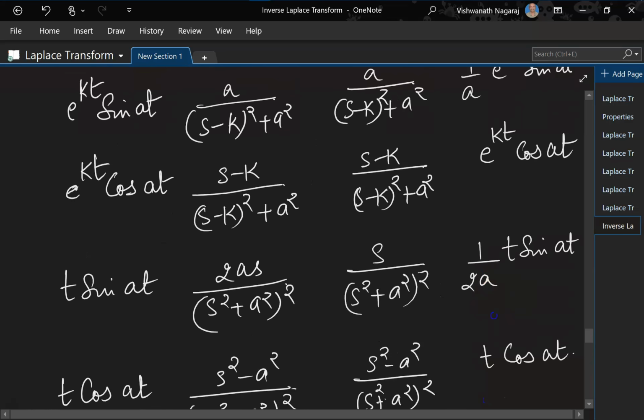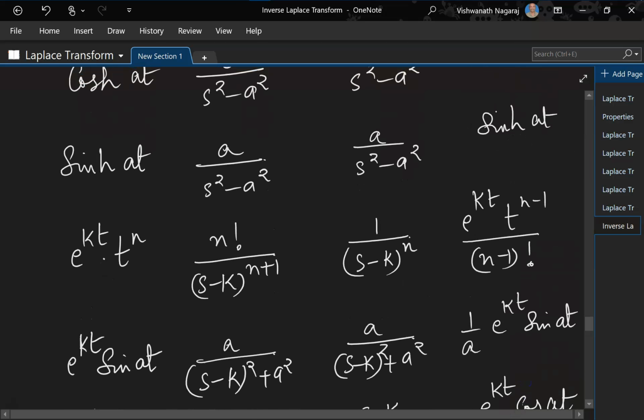Plus now 1 by (s + 1) cube. Look at this. S minus k can be written as s plus minus k, right? So this will become e to the power of minus kt. Here k is 1, because in our function it is plus 1, so this will become minus 1, e to the power of minus t, times t to the power of n minus 1.